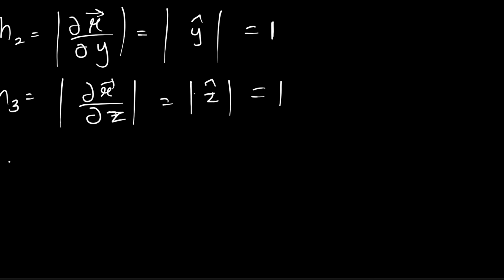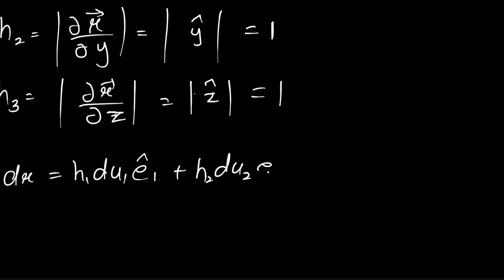Now we are going to generalize the derivative. We get h1 du1 e1, h2 du2 e2 and h3 du3 e3. You will get the importance after discussing all the coordinate systems.